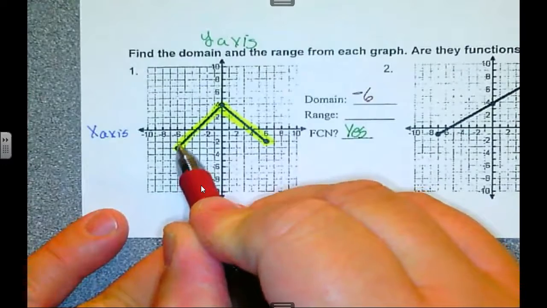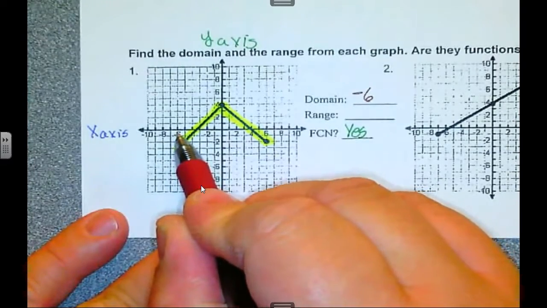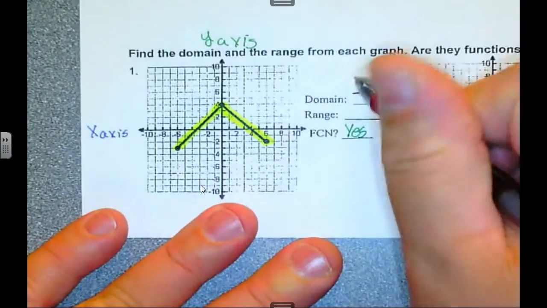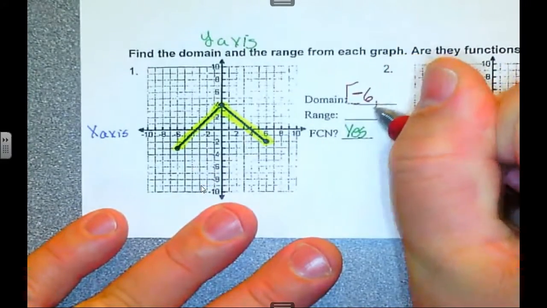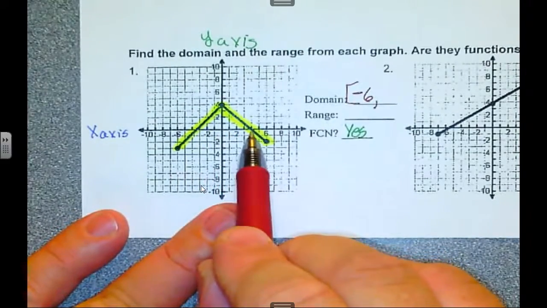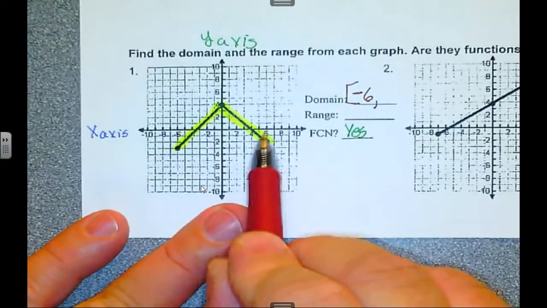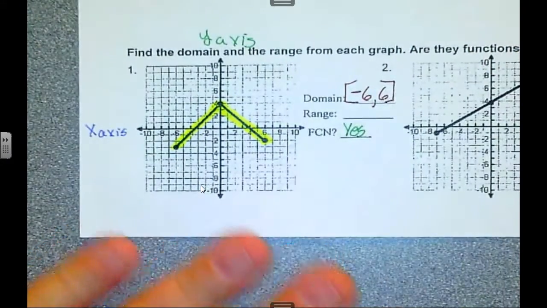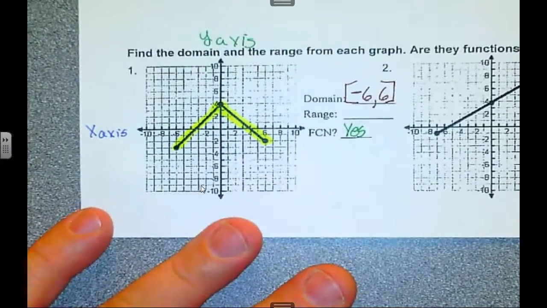Okay, here's where it starts. My x value is -6. It's got a closed circle, so it includes the point -6. Then I go along my x-axis here, and it stops at +6, including the point +6. What's my range?